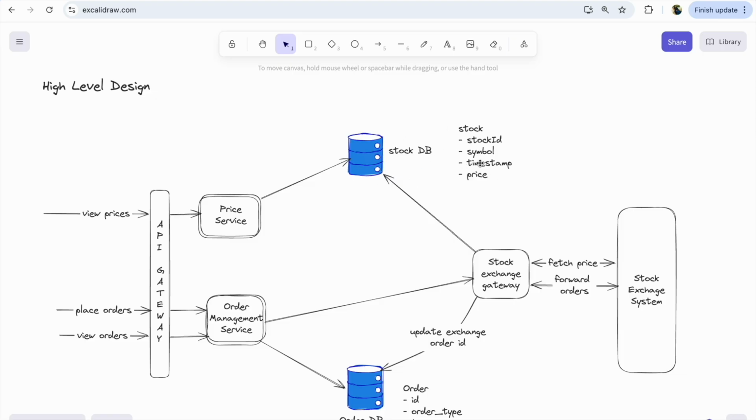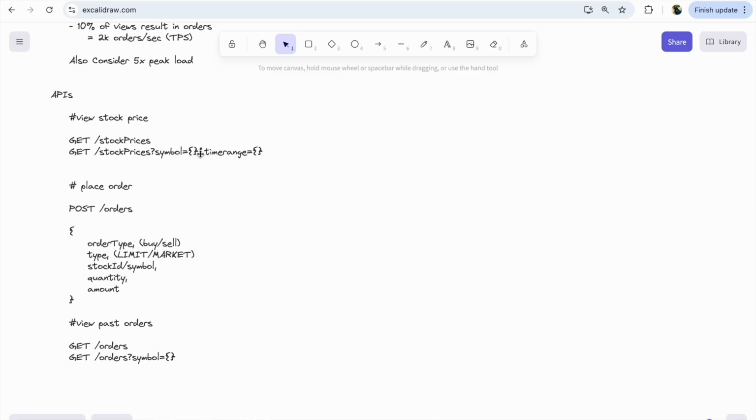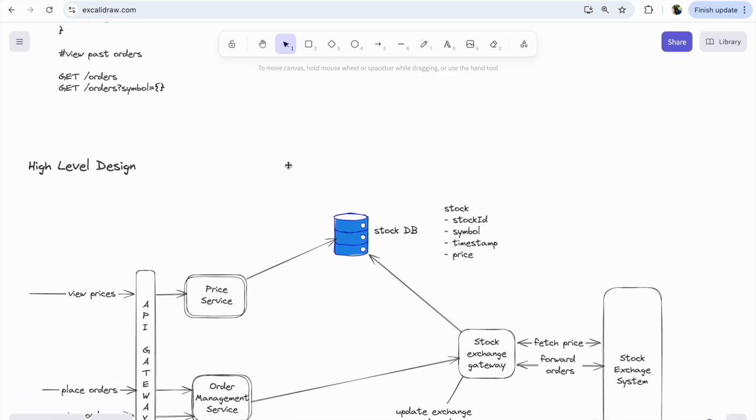We are storing a timestamp and for each timestamp the price, and the requirement is that we can view the prices based on time ranges, let's say the last 1 hour, 1 day, 2 days, and so on. For this requirement I feel a time series database will be good.